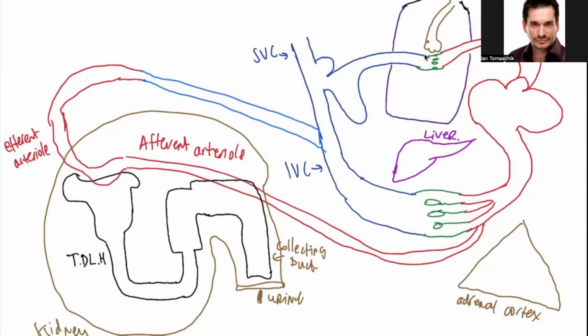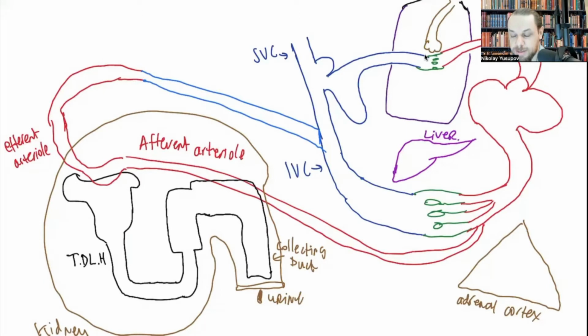So let's talk about the renin-angiotensin-aldosterone system. I'm going to give you the basic physiology, what happens normally, and then we're going to talk about what the problems are long term, and so forth.